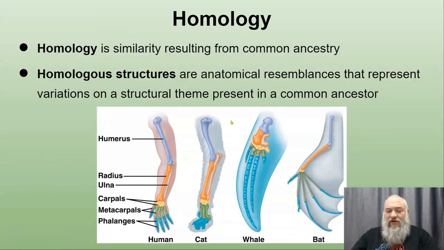The likelihood that all of these different organisms would have independently developed these structures, with one bone, two bones, little bones, long bones, from an ancestor that didn't have those bones, is unlikely.